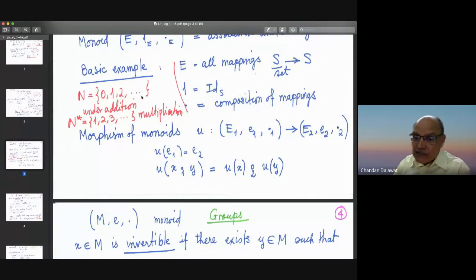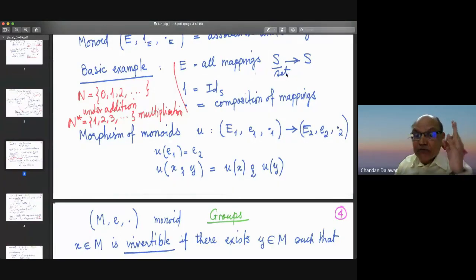And what is its inverse? It's 0 itself, because when you add 0 to 0, you get 0. Similarly, here in N star, no element is invertible except 1 itself, whose inverse is 1. In this monoid E of all mappings from S to S, the only elements which are invertible are the bijections.